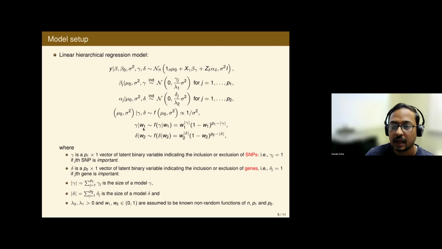So we say that a priori these latent indicator vectors gamma can take the value 1 or 0, of course, but they take the value 1 with probability w1. So the expected number of SNPs before we see the data, based on our scientific understanding, is the total number of SNPs times w1. Similarly, the expected number of important genes is the total number of genes times this fraction w2.